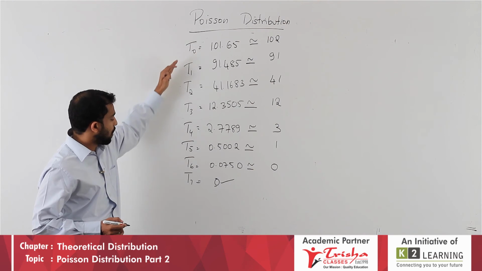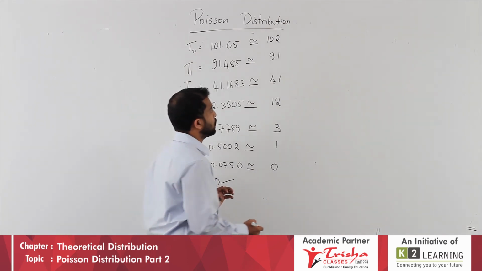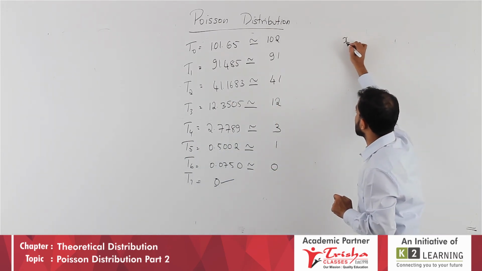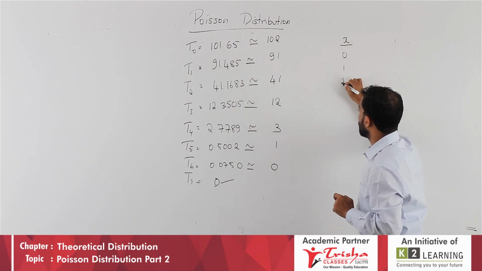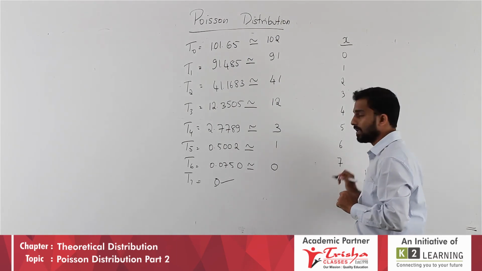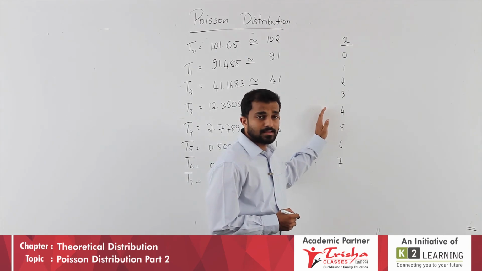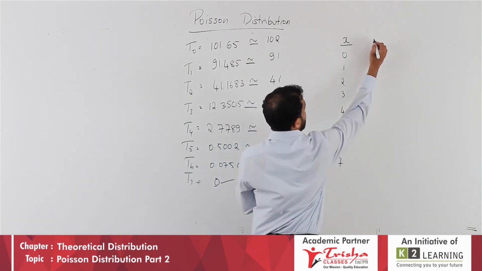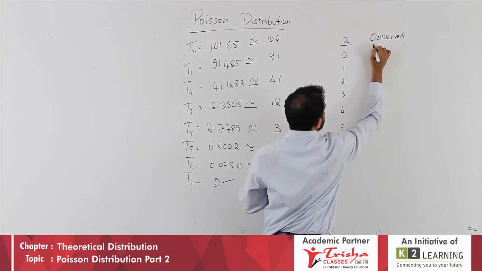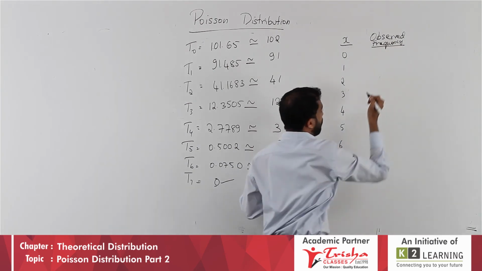Now since we have got all these values, students, the final step is to write the conclusion. For the conclusion, students, we need to write x: 0, 1, 2, 3, 4, 5, 6 and 7. This was the data given to us in the question. Along with this, they had given us another column called observed frequency.